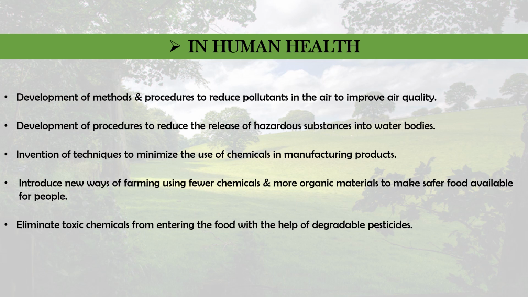Nowadays, we are promoting the use of organic manure for farming, which makes food safer to eat, and it will be more available to all the people in India. It also helps eliminate toxic chemicals from entering the food chain, with the use of pesticides that are easily degradable and that are toxic only to specific pests, not to humans.